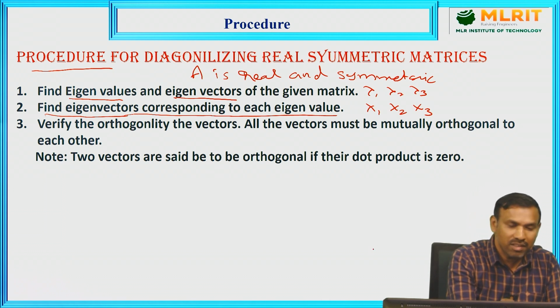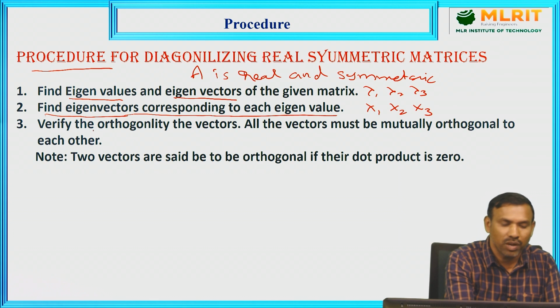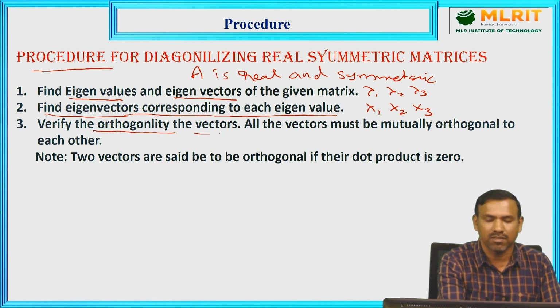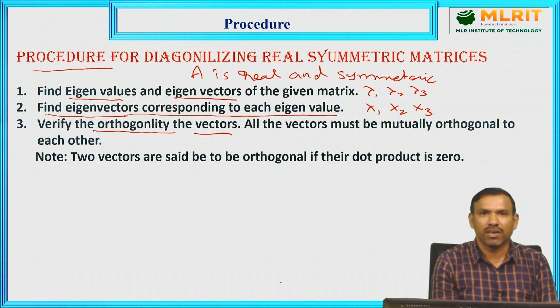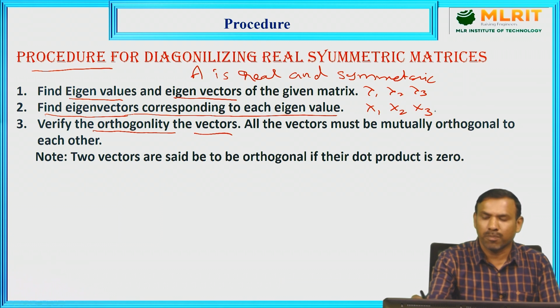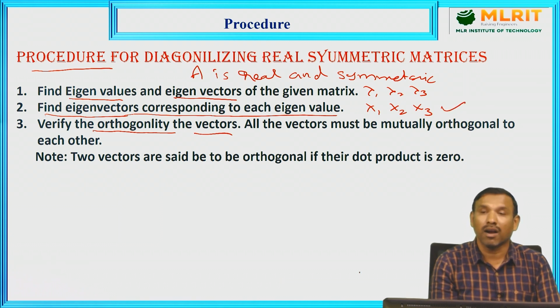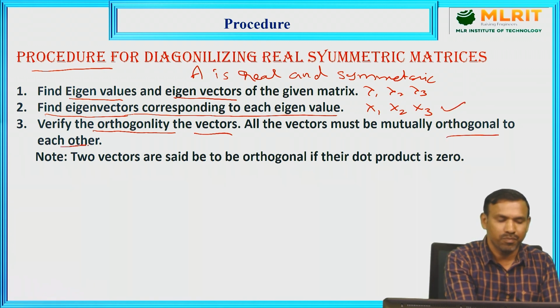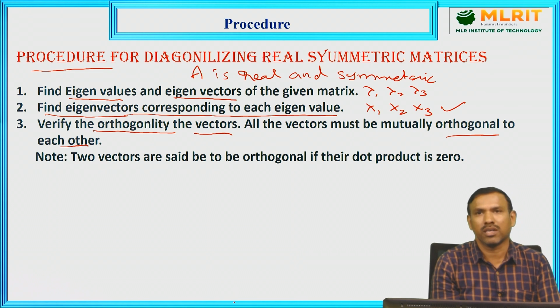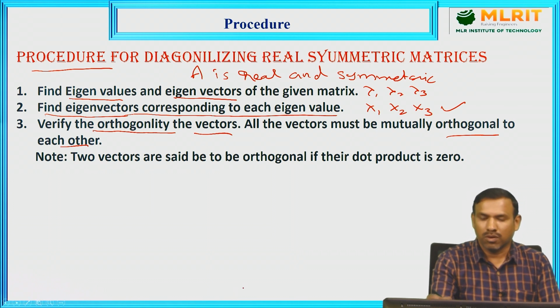Since it is an orthogonal reduction, we have to verify the orthogonality of the vectors. The 3 eigenvectors we obtained must be orthogonal to each other. How to check orthogonality? They are perpendicular to each other: x1 and x2, x2 and x3, x1 and x3, all 3 pairs.